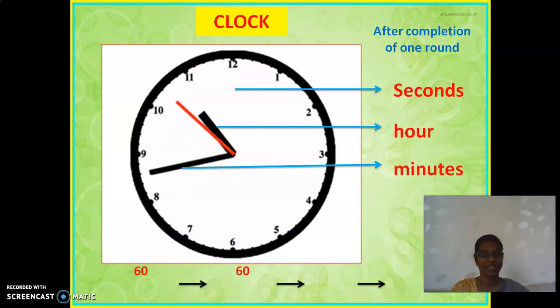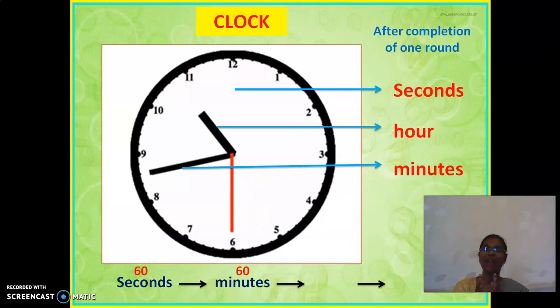What is that? Minutes. So if the second hand completes its one rotation, that is known as 60 seconds. When the second hand completes its full rotation, then it is calculated as 60 seconds. And we know that 60 seconds is equal to 1 minute.